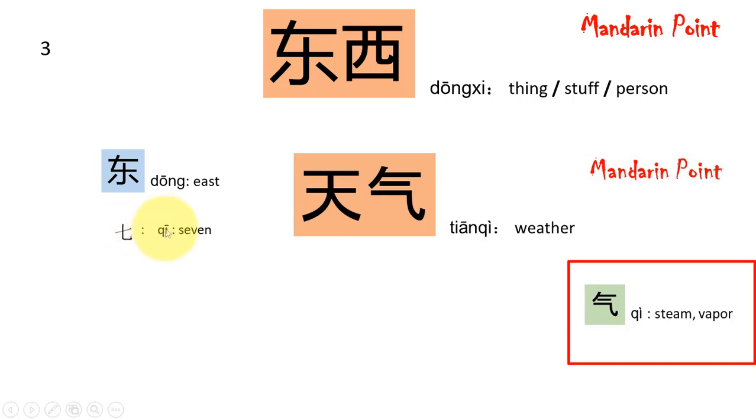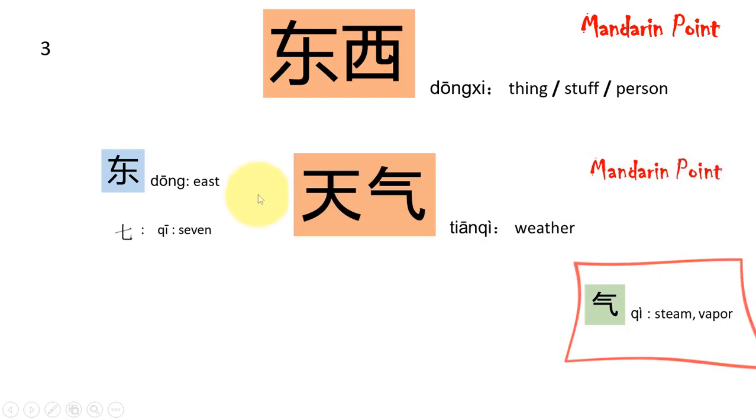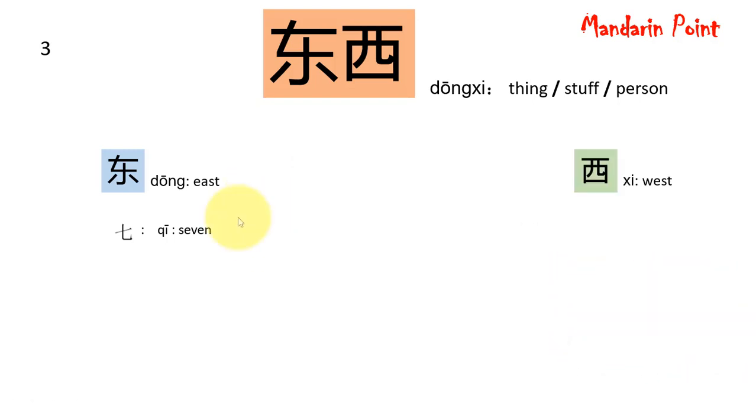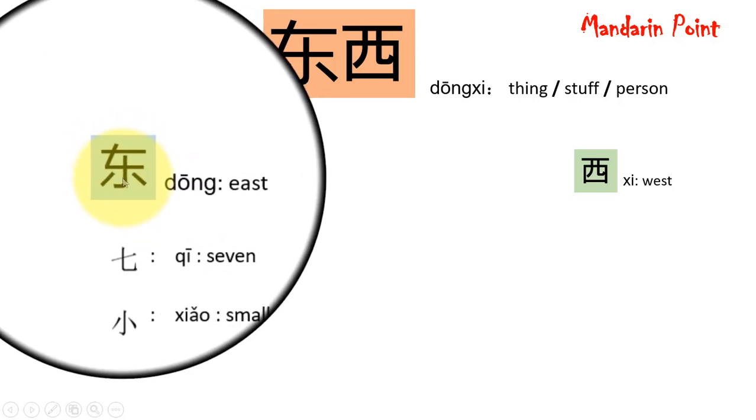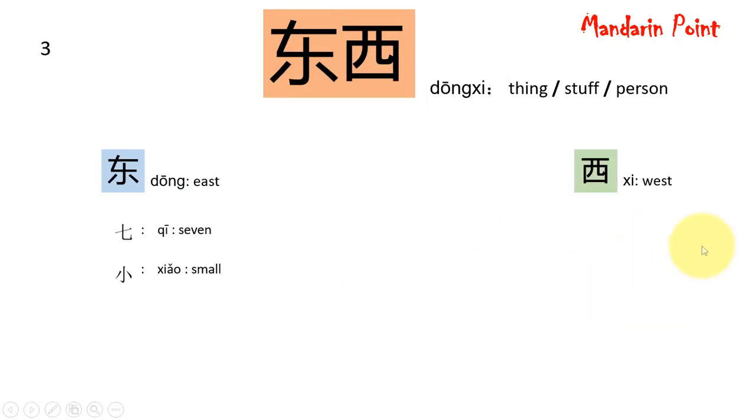This one has the first tone while that one has the fourth tone. So that's why we should always focus on characters rather than pinyin. At the top of it we have this qi, which means 7. At the bottom of it we have xiao, which means small. So this dong is composed of qi at the top and xiao, which means small.